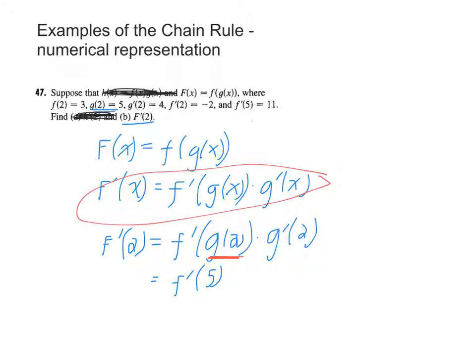That was right here. F prime of 5 is 11. And g prime of 2 is 4. Which means the answer is 44. There's a lot more numbers up there in the given information, but I don't need all of them.